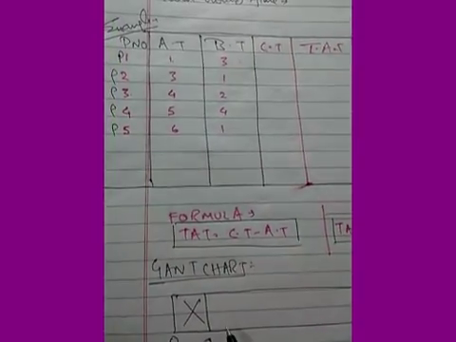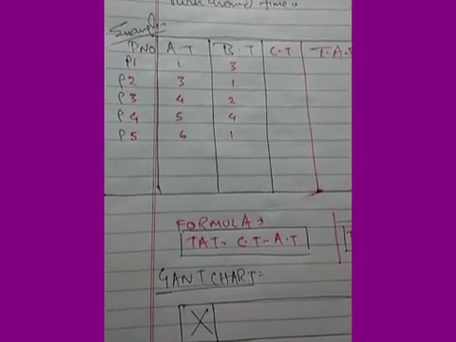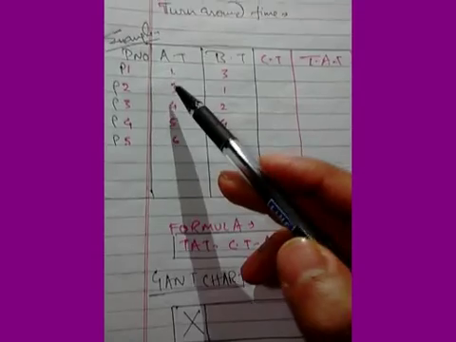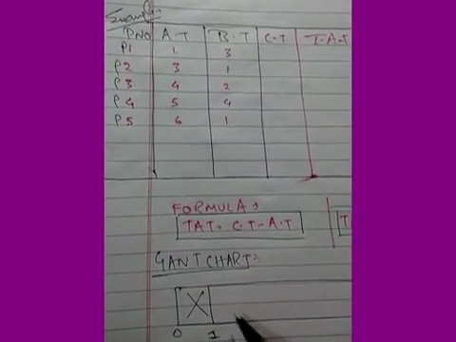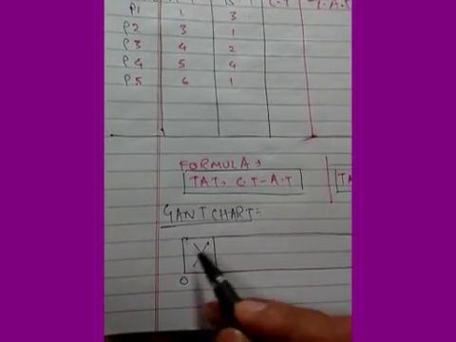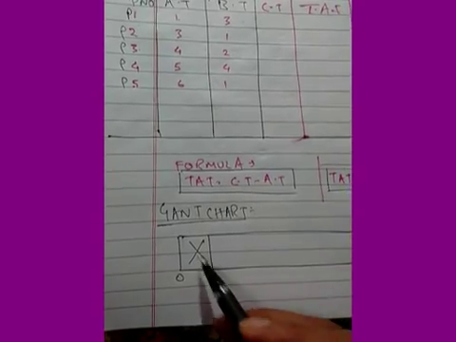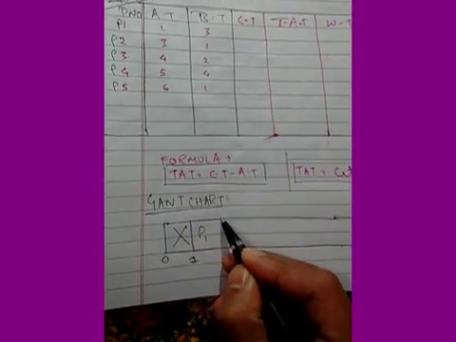Okay, so now which process arrives first? For the first process we are left with no other option, so we'll execute P1, because process P1 has arrived, and from 0 to 1 it's empty, so the operating system doesn't do any work related to this, so we skip it and take P1.